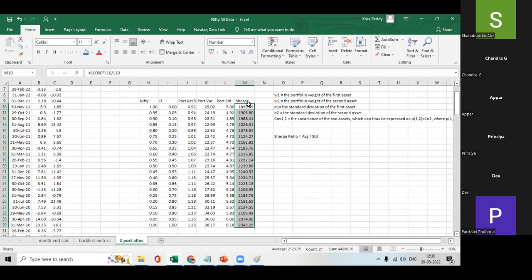Forty-five, 55. 2240, right? That tells 45 into Nifty and 55 into IT. That's where your highest Sharpe ratio is, and your returns are about 1.11%.